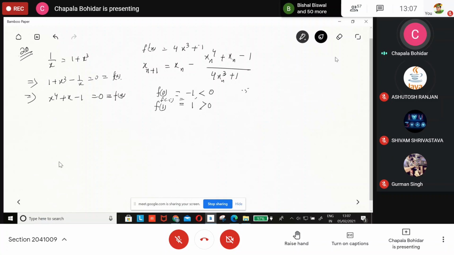It is less than 0. If it is less than 0, then the root lies in between 0.5 to 1. So let x1 be equal to 0.7. In between 0.5 to 1 they are very close to each other, so I can take 0.7.